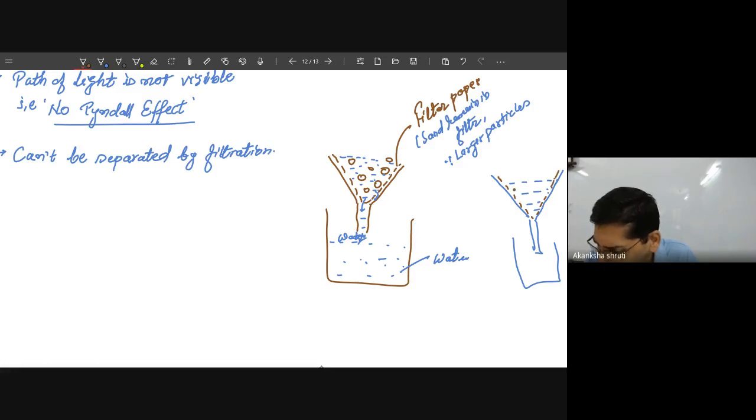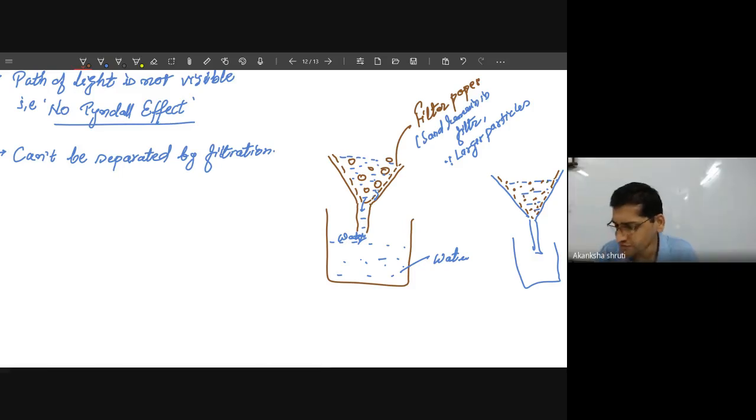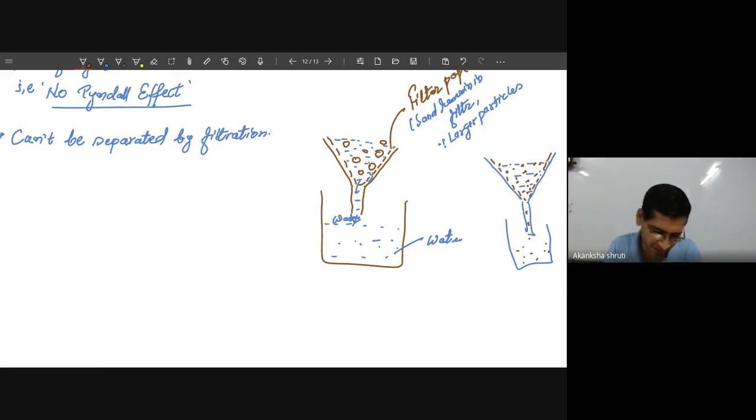So even the sugar particles will enter into the pores, because it gets dissolved, yes, it is uniformly dissolved. So both sugar and water will come out of this filter paper.